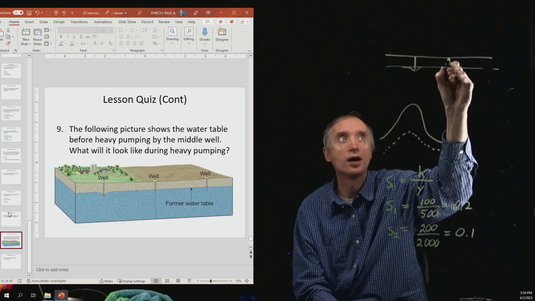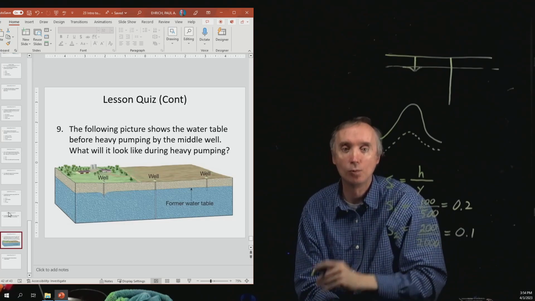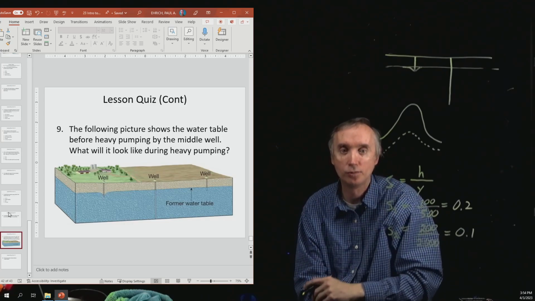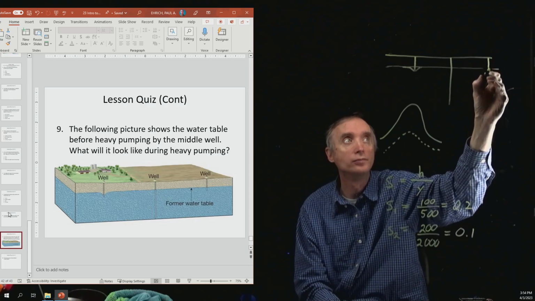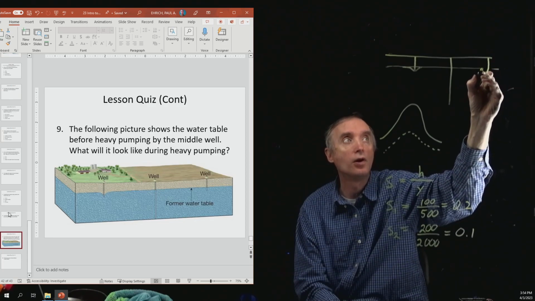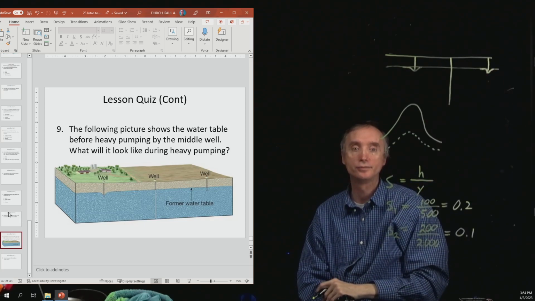Then you've also got the new well that is extending way down into the water table, and then over here again you've got another little well, and you can see that it also is causing a little cone of depression of the water table that goes around it.